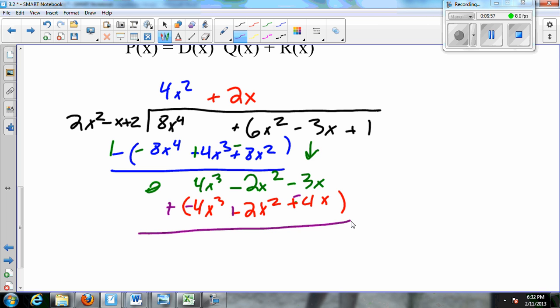The 4x cubeds are going to cancel. Negative 2x squared plus 2x squared cancels. And then it goes to negative 7x. And bring down that plus 1. Now negative 7x is degree 1. We're dividing by a degree 2, so this is our remainder.